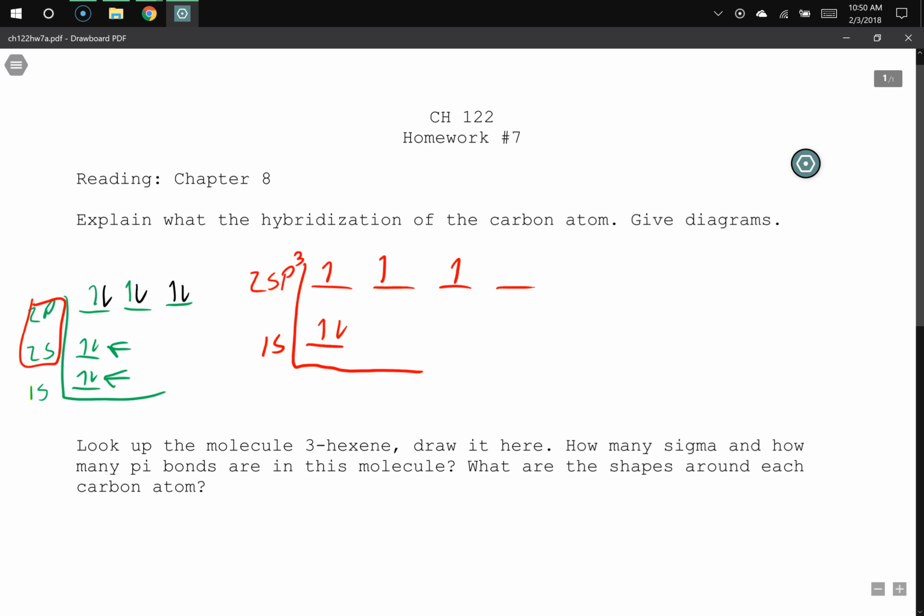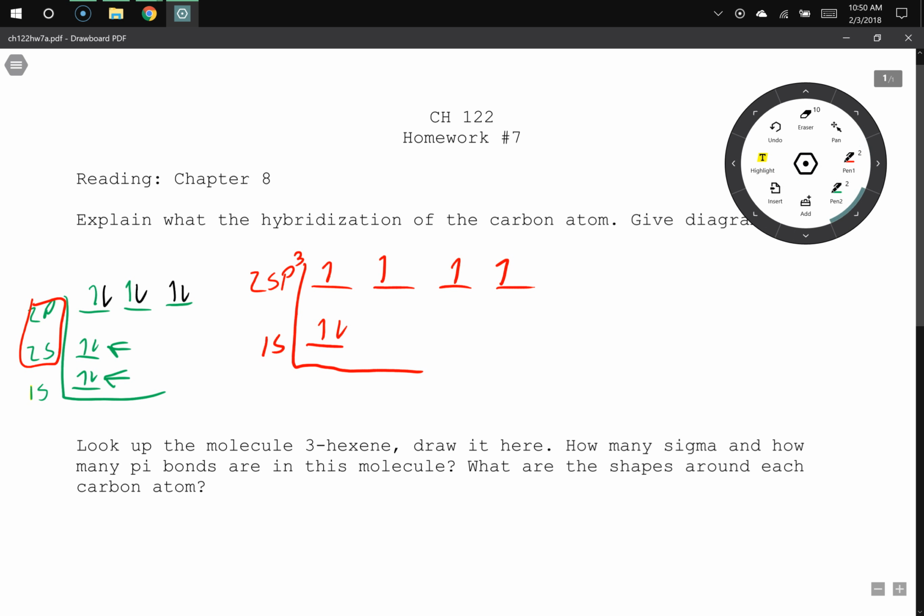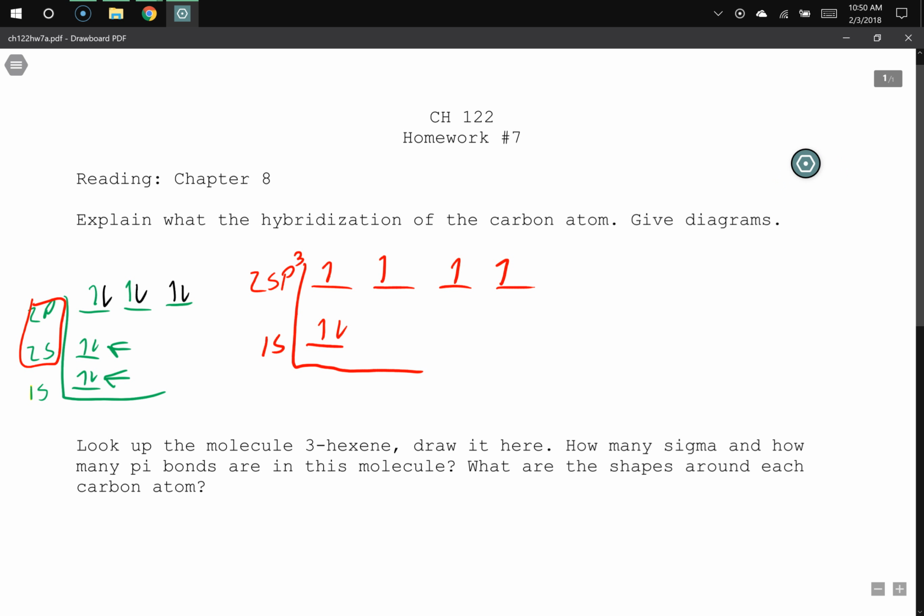We still have 6 electrons, and now I've got 4 locations where an electron can be shared. Another substance could put an electron there, and there, and there, and there, and now I've got 4 single bonds. This is called sp3 because technically there's 1 s orbital and 3 p orbitals.